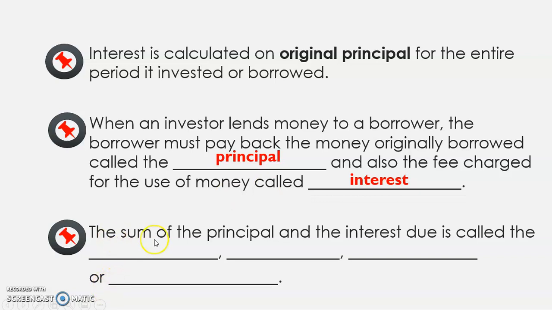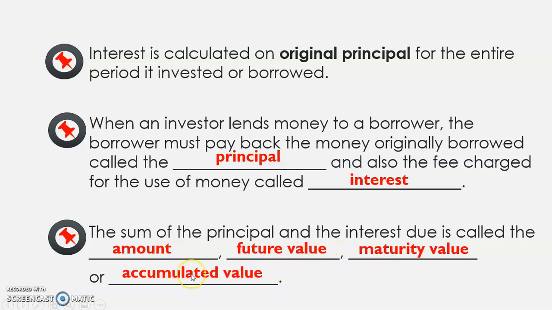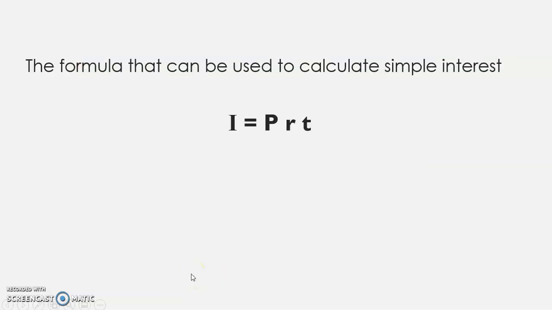Okay, and the sum of the principal and the interest due is called the amount, future value, maturity value, or accumulated value.